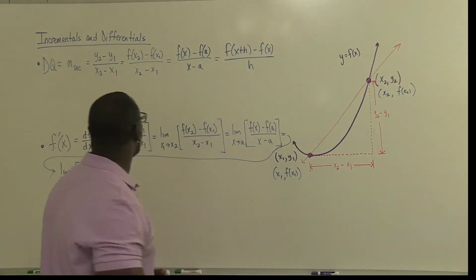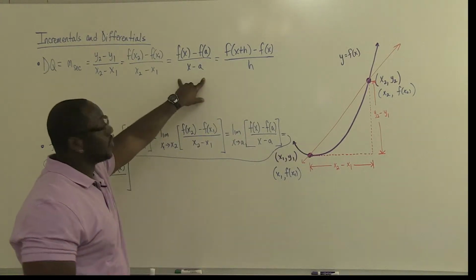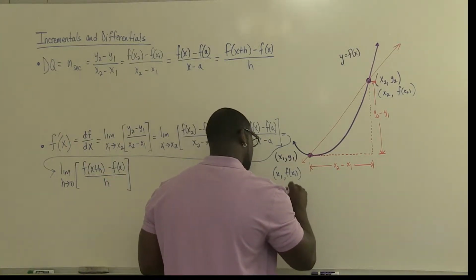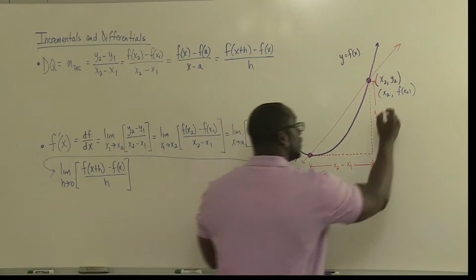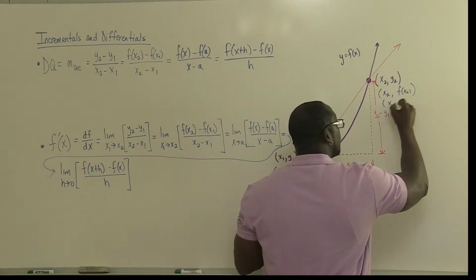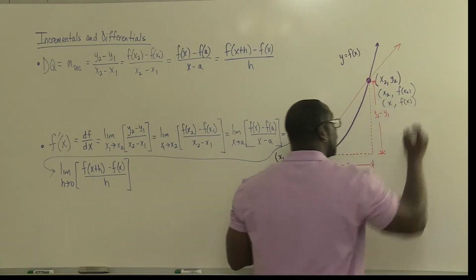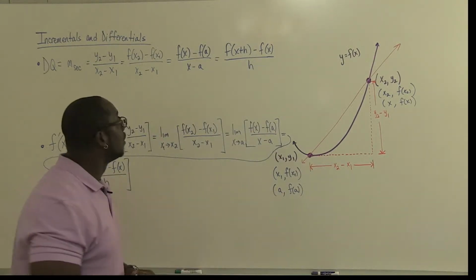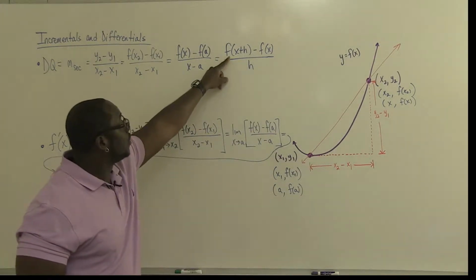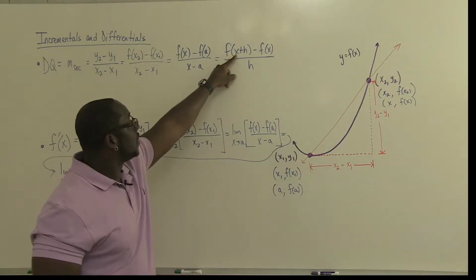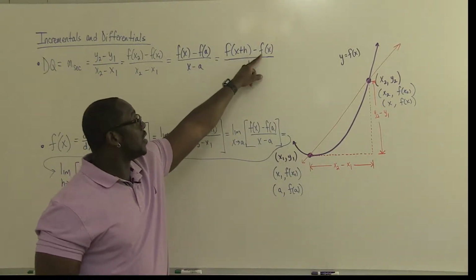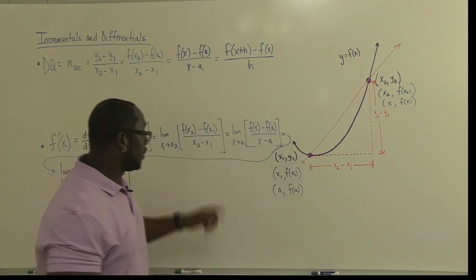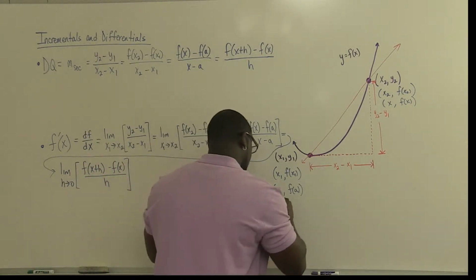If we went further along and we wanted to write this in terms of this form of the difference quotient, then my points would look like this. And again, we're saying the same thing, but just in a different way. If we kept on going and we looked at this as f of x plus h minus f of x all over h, then we see that the points would look something like this.